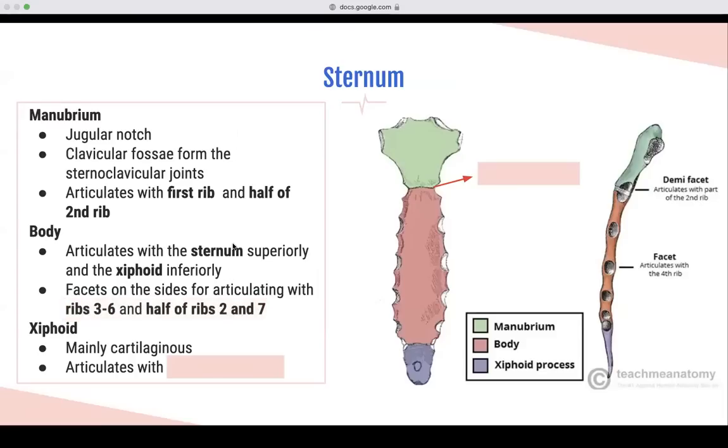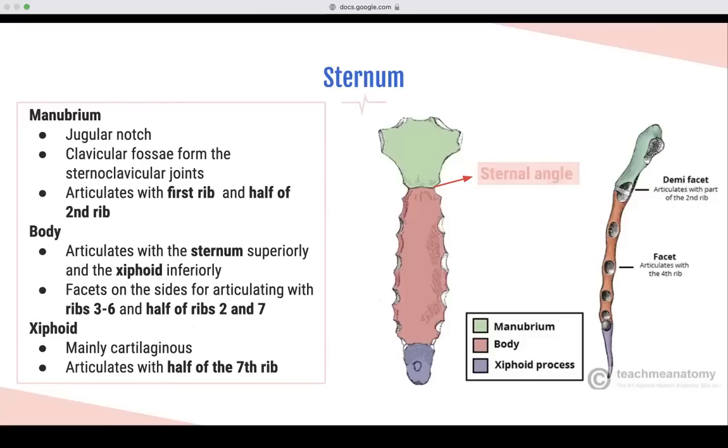Okay, wait, let me check. I don't know why my source said 3 to 6. Yeah, 2, 3, 4, 5, 6, and half of 7. I think the rest, they're the ones that join, if I'm not mistaken. Yeah, 8 to 10, because 8 to 10 all join together and form one costal cartilage, and they attach in the end.